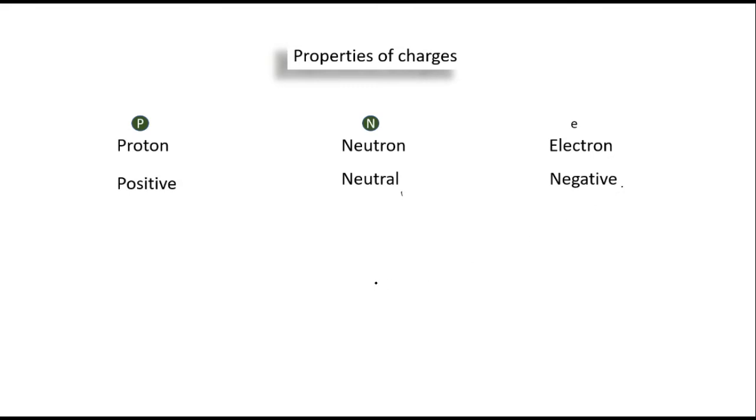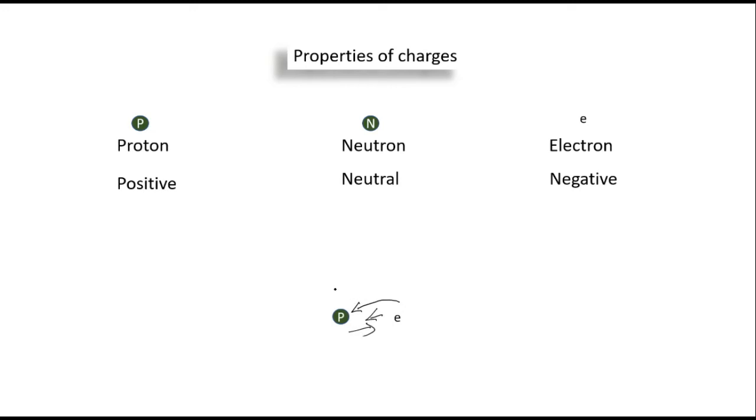Suppose you keep a proton and an electron, a positive and a negative charge, together and bring them close. What will happen? This electron will try to be as close to the proton as possible. They attract each other.